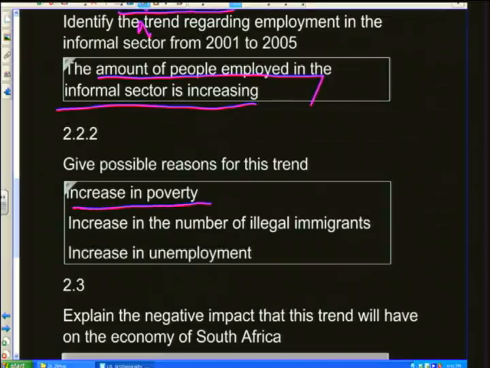Poverty increases, therefore more people have to be involved. Increase in illegal immigrants, therefore the percentages go higher. See, we're being selective now. The same thing we've studied, but we're looking at the question, why is this trending? Okay, increase in unemployment.